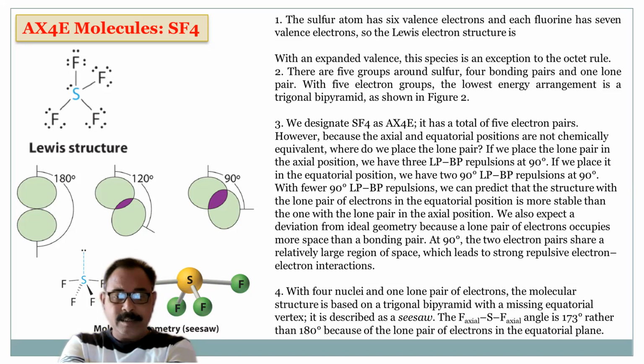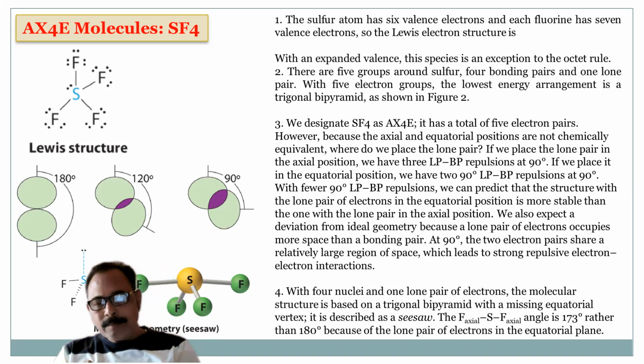With fewer lone pair-bond pair repulsions, we can predict that the structure with the lone pair of electrons in the equatorial position is more stable than the one with a lone pair in the axial position.